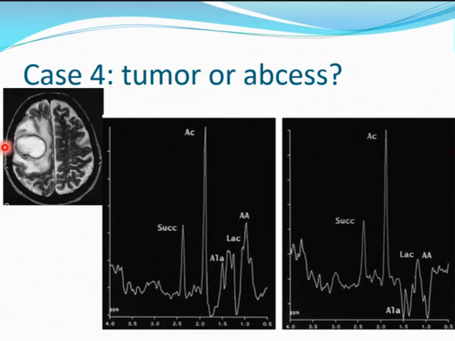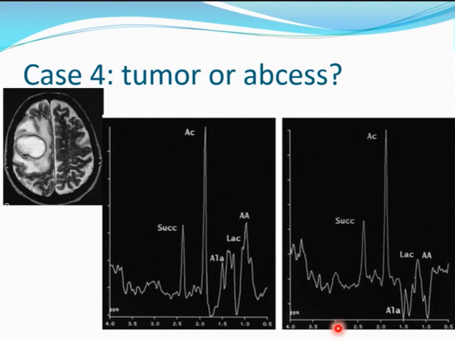I have this lesion here in the brain. Is it a tumor or is it an abscess? What do you think? You have succinate, you have lactate, and there is no NAA. It's not brain tissue, okay? And there is no choline, there is no creatine, there's nothing.